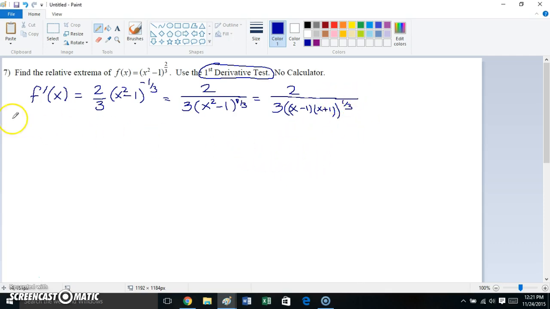Okay, so I can see very clearly from that algebraic work that f prime of x equals 0 never, and f prime of x is undefined when x is equal to positive or -1.